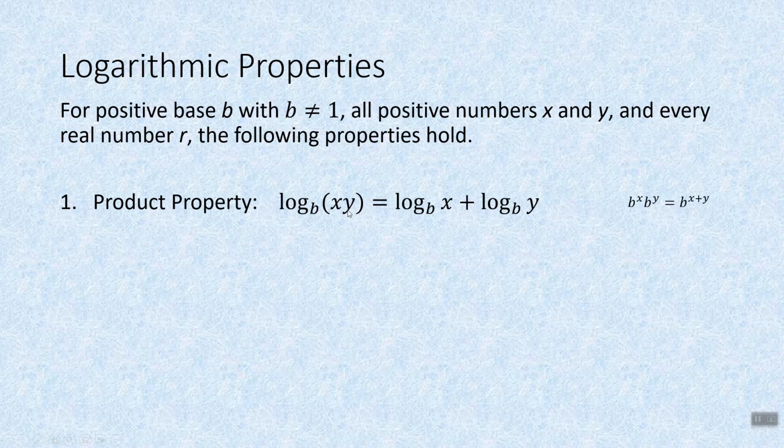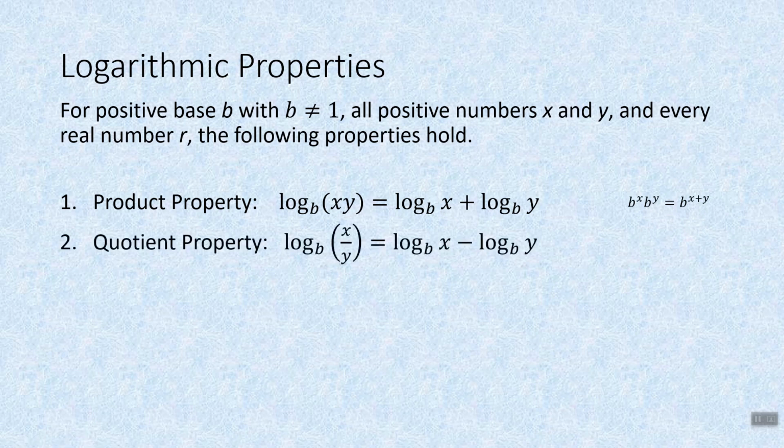If we're multiplying two things with the same base, we add their exponents. All a log is an exponent. The quotient property says log base b of x over y equals log base b of x minus log base b of y. If we're dividing two things with the same base, we subtract their exponents, always numerator minus denominator.